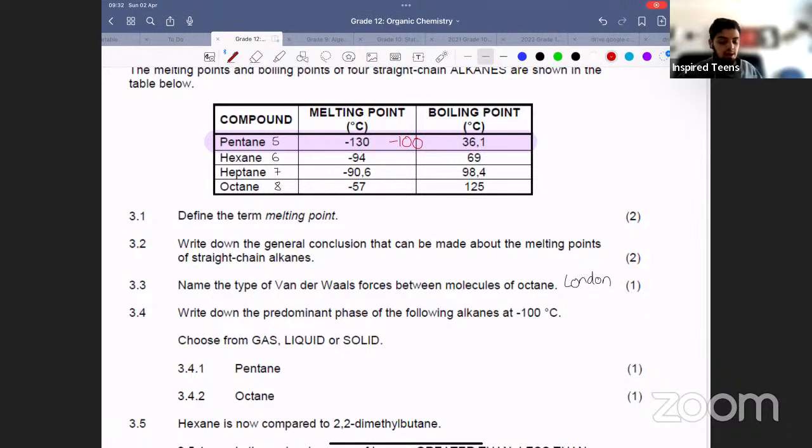Once it reached negative 130 degrees, it became a liquid. And then the temperature increased and increased until it got to 36. But before it got to 36, negative 100 is between negative 130 and 36. So it has melted, but it has not boiled yet. So it melted from a solid to a liquid and it didn't boil. So it's a liquid.